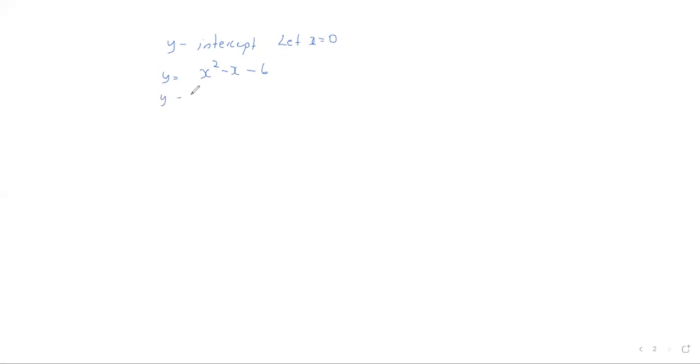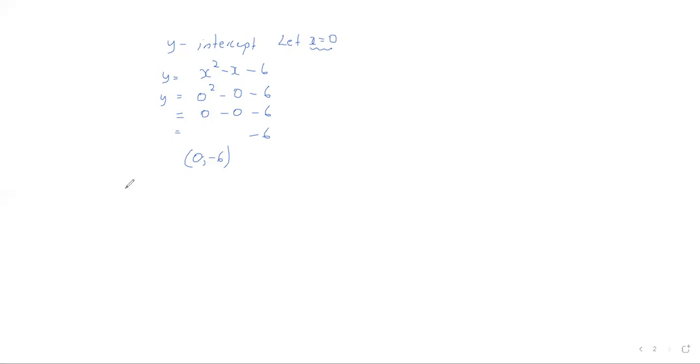When x is 0, that will be 0, so y is minus 6. So in coordinate form, x is 0, y is minus 6.